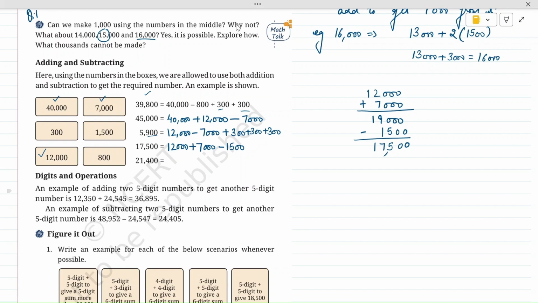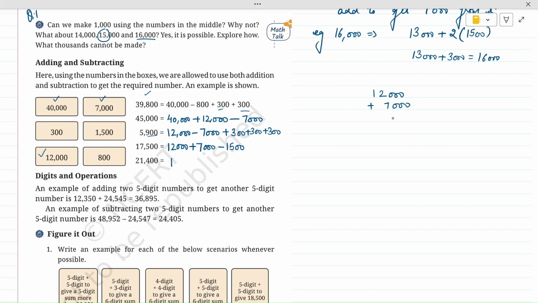Okay. This is done. Now let us start with another one. Now we have 21,400. Okay. So for 21,400, what we have to use is, we will again take 12,000. I'm writing here 12,000 plus 7,000. This will make it 19,000.